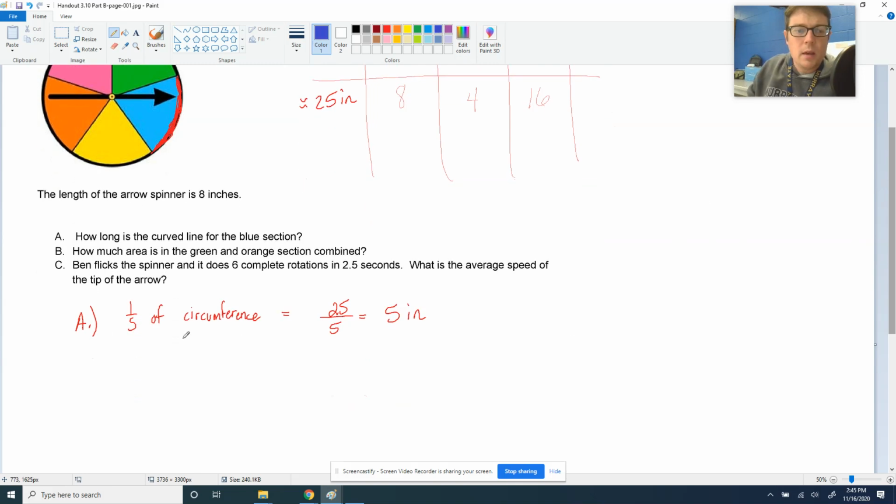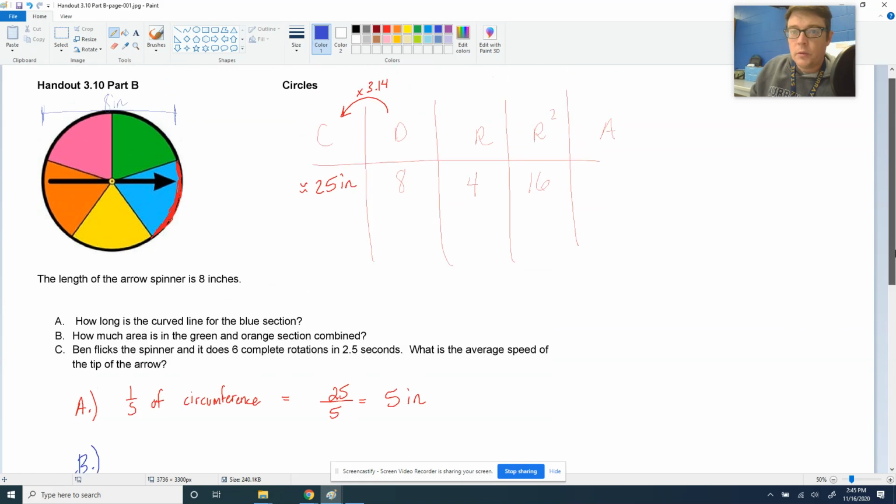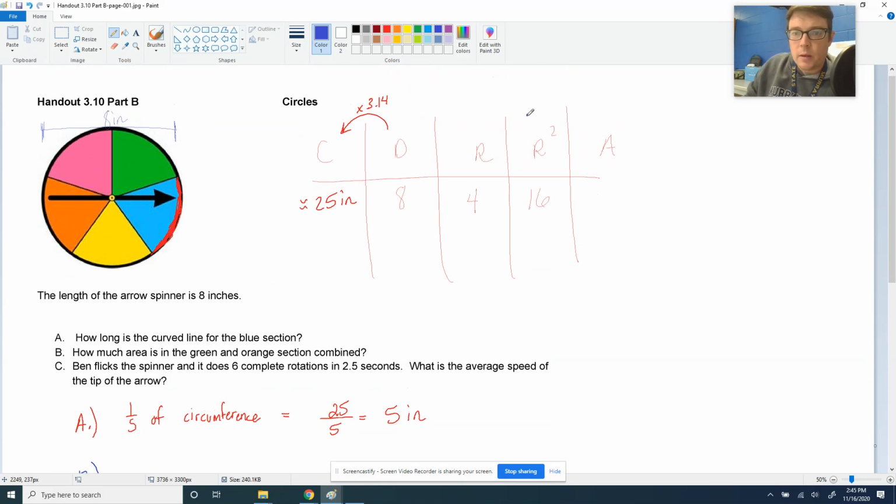Let's look at part B. So part B says, how much area is in the green and orange section combined? So they want green and orange together. So we need area to get there. So we've got to multiply this squared radius by pi.